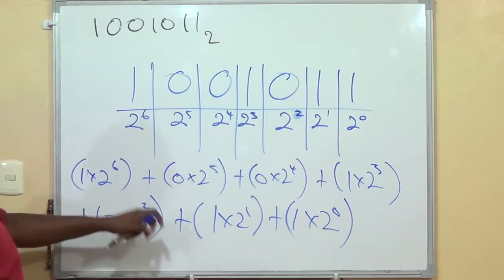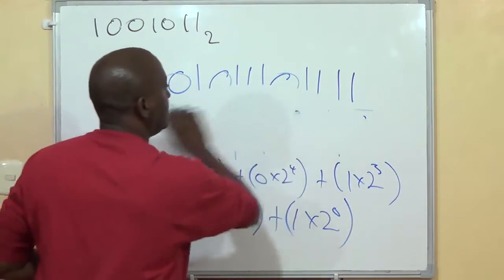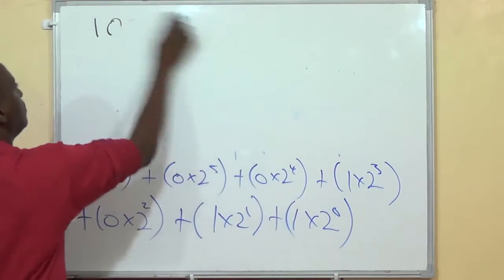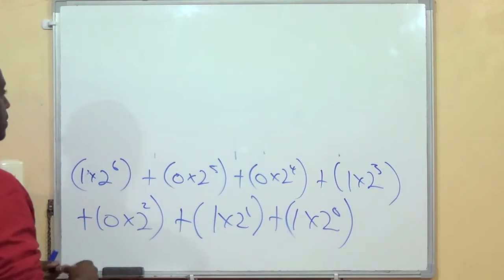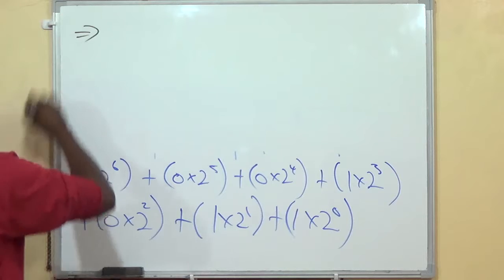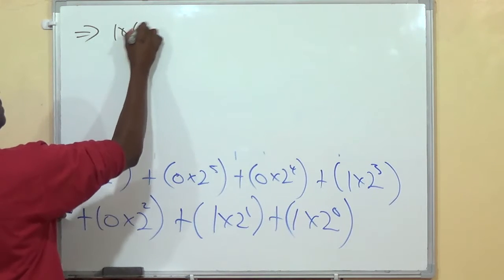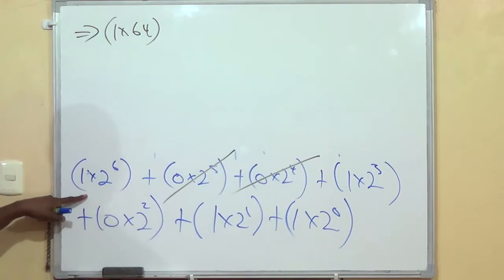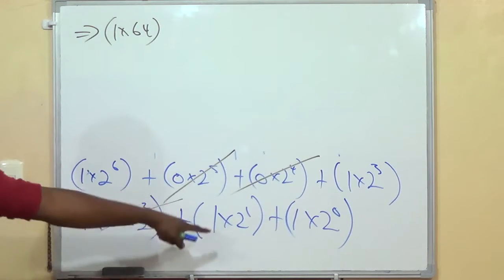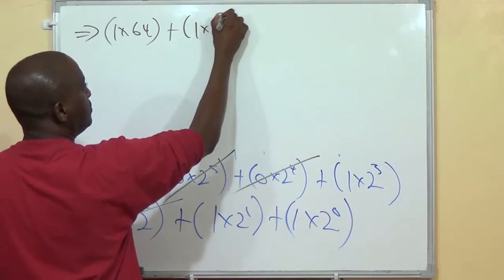And from here now, I'm going to rub off everything else on top just so we could complete the write-up. Going back on top now, we will now have that being equal to 1 by 2 to the power 6, which is 1 by 64. We take out these zeros for simplicity. Plus 1 by 2 to the power of 3.